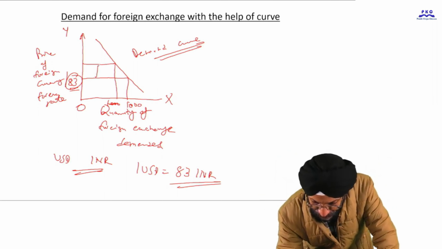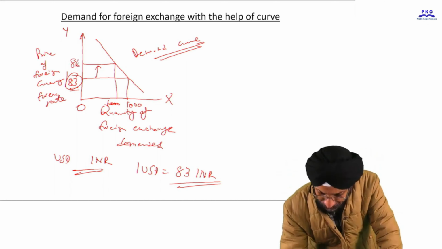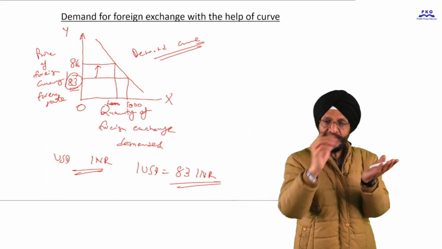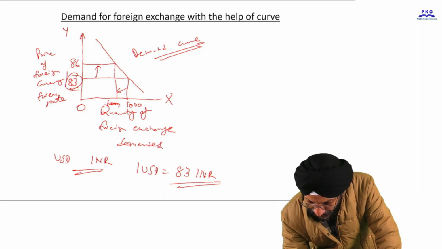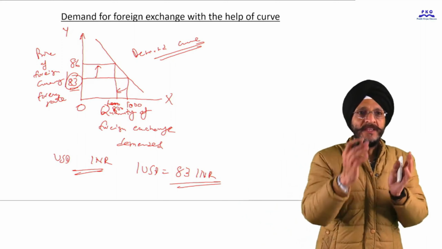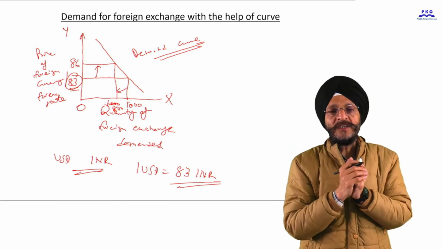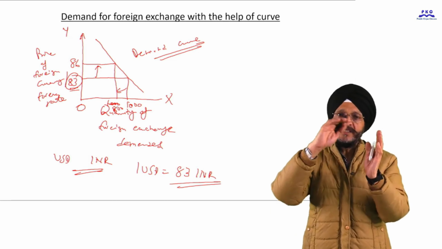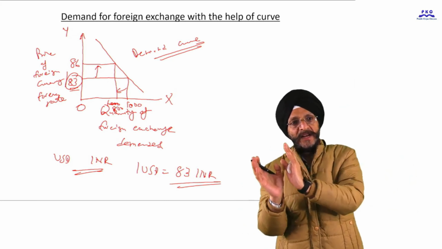Suppose the exchange rate increases to 86. The price of US dollar in relation to Indian rupee increases. What will happen? The quantity demanded will decrease, say, to 800 US dollars. So there is an inverse relationship between the price of foreign currency and quantity demanded. That is, there is an inverse relationship between the forex rate and quantity demanded.